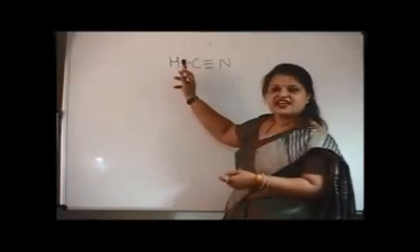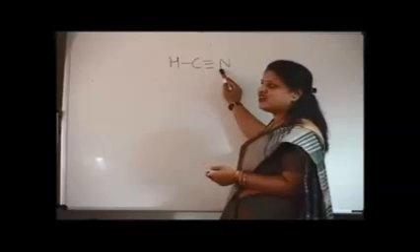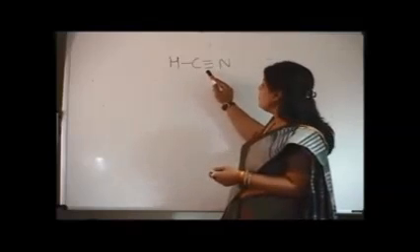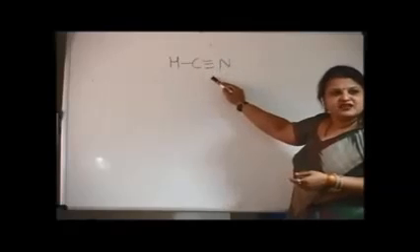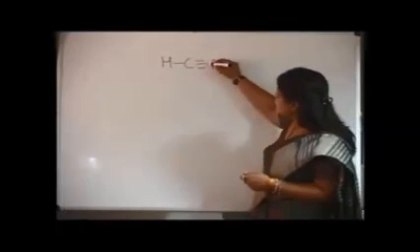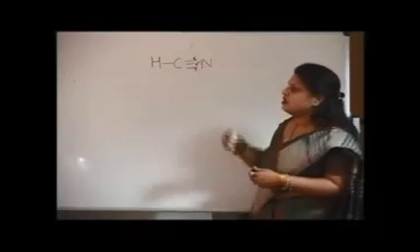You have the CH single bond. You have one CN single bond, which is a sigma bond, and then one pi bond here, and the other one is also a pi bond.